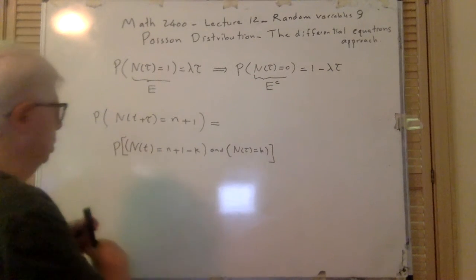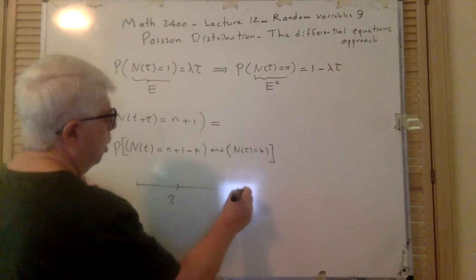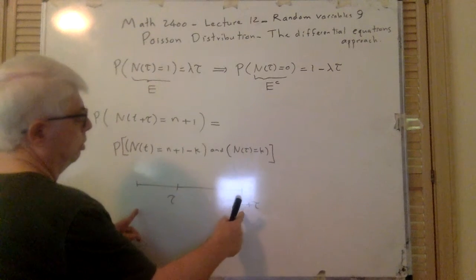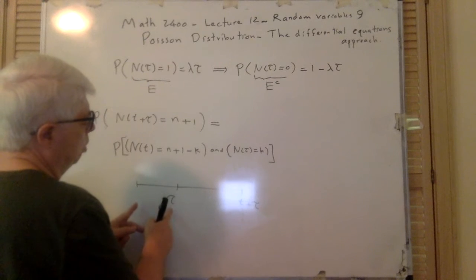When you see in this time period from 0 to tau, then from tau to t + tau, I'm trying to find the probability of this thing being n + 1.